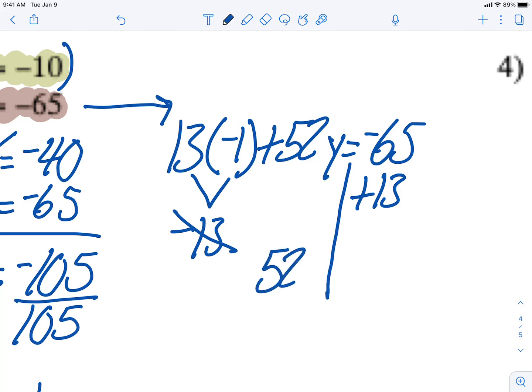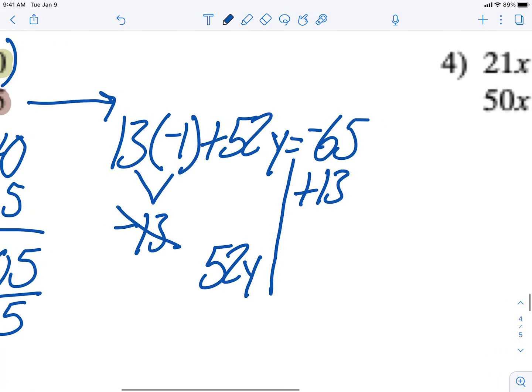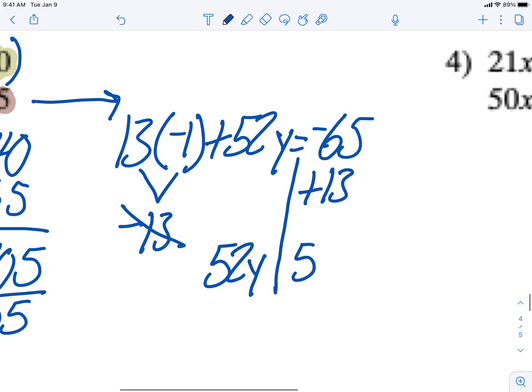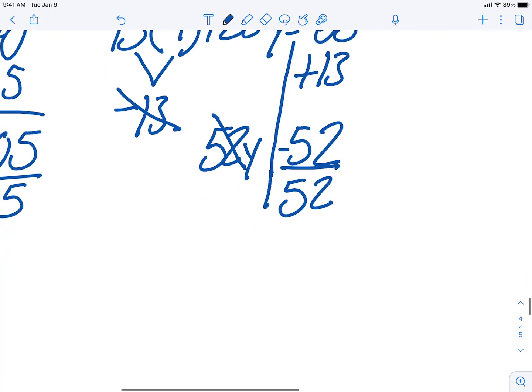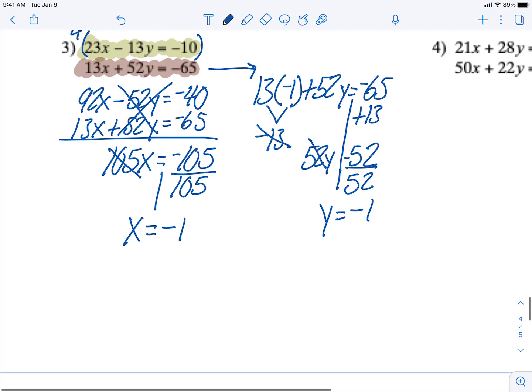So I have 52y, negative 65 plus 13 is a negative 52. Different signs, I got to subtract. The opposite of multiplying by 52 is dividing by 52, so I get y is equal to negative 1, kiddos. So my solution is x negative 1, y negative 1.